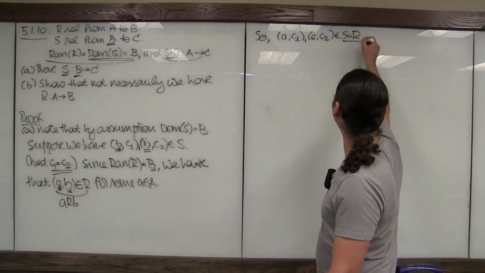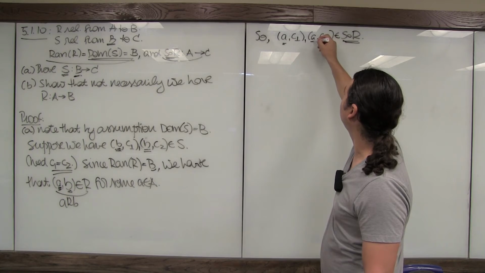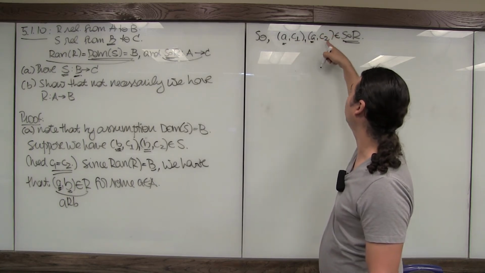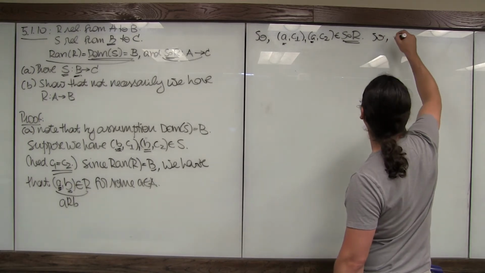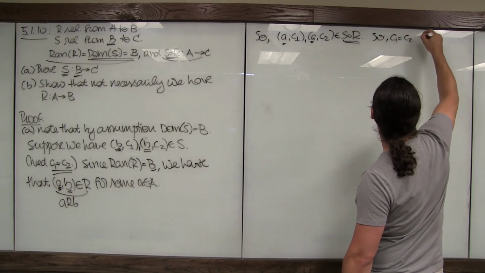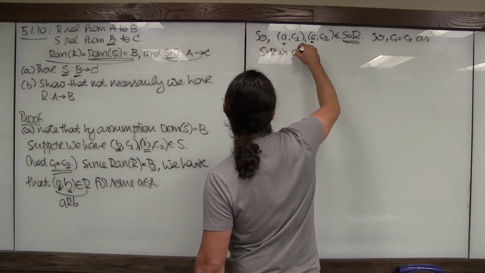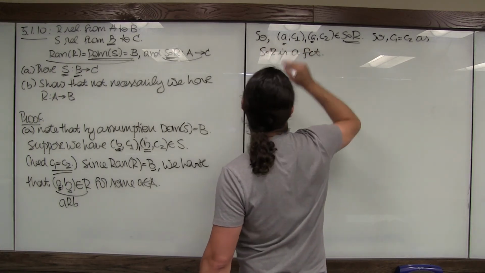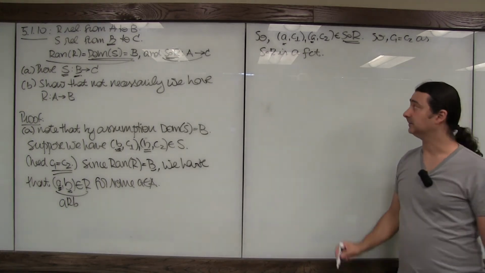But this is a function, so the same element in the domain gives you the same image. So what we have is that c1 is equal to c2 as S composed with R is a, let me abbreviate function here, FCT, because we often write FCT for function.